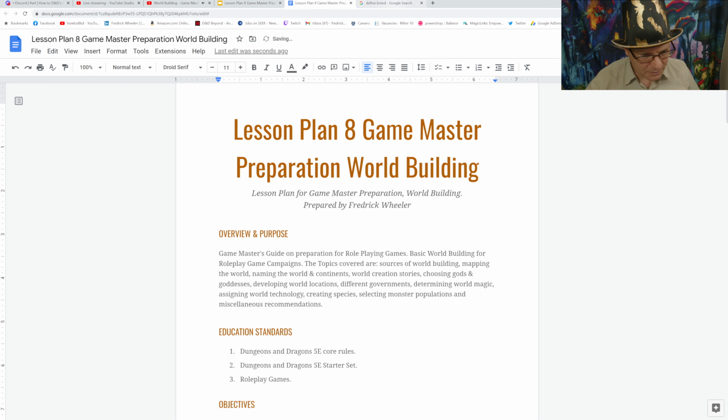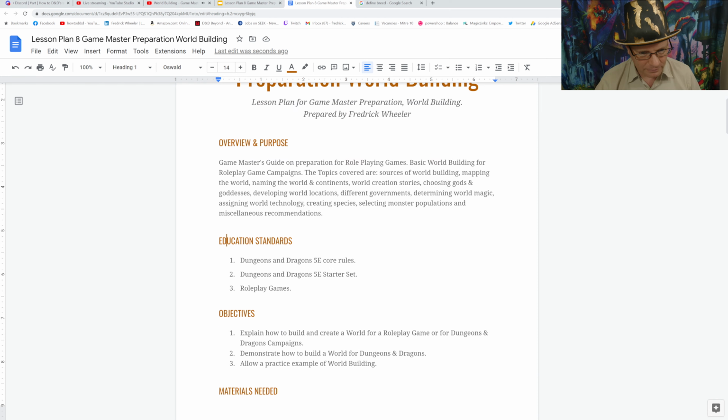Selecting monster populations and miscellaneous recommendations. So that's, oh god, it took a long time. We got there. Okay, there's a lot there. I should have known it was going to be a bit hard to get it all in. So a big section.